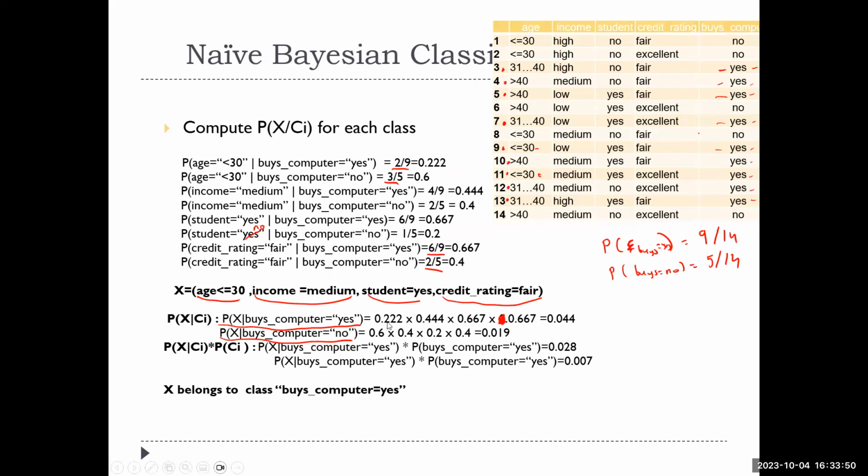I'm going to multiply this expression with the probability of this class. The probability of yes is, yeah, I think it's right. 0.044 times 9 over 14. This will be 0.019 times 5 over 14. At the end, these are the numbers. And since the first value is higher than the second one, this person is likely to buy a computer.